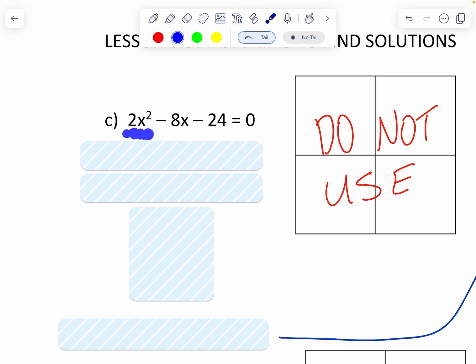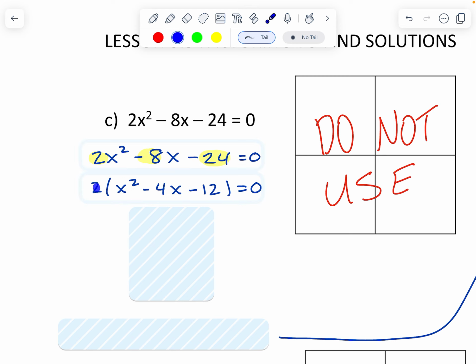I'm able to take a 2 out here, take a 2 out here, take a 2 out here. And I have 2 times what's left behind. X squared minus 4x minus 12 is equal to 0. This 2 has to just stay in front for the rest of the problem. It's not a part of any other step, right? Split the middle, grouping, anything like that, but that 2 just stays outside.